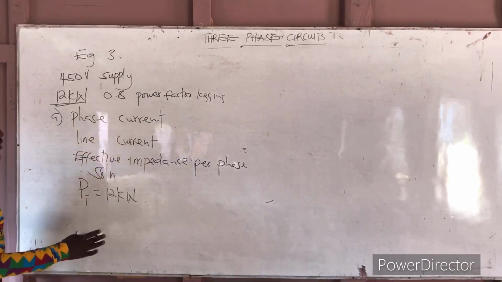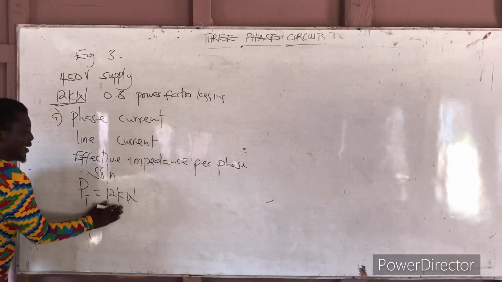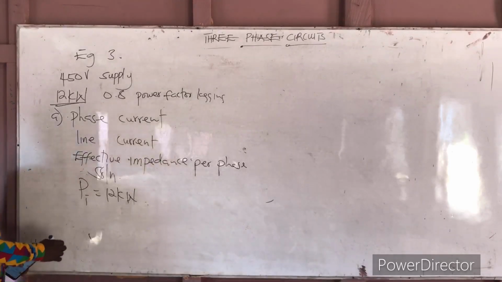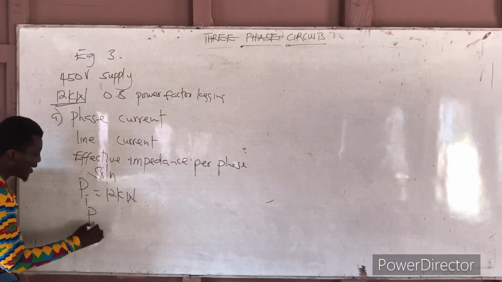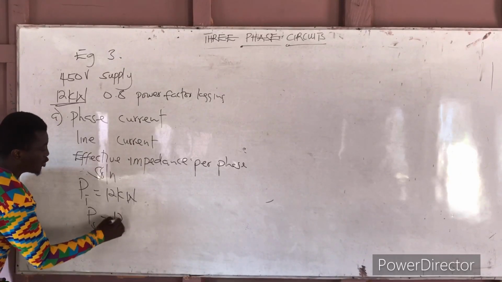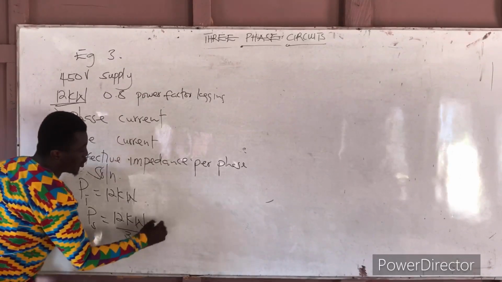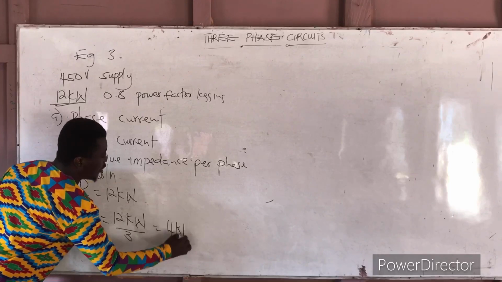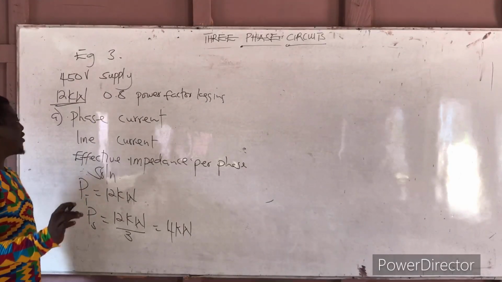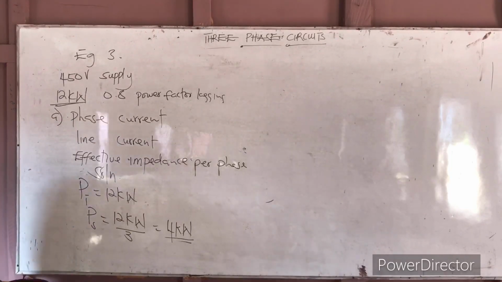So if I have 3 phases and the total power in all the 3 phases is 12, and they are telling me that it is balanced, it means the power in each single phase is going to be 12 kilowatts divided by 3, which gives me 4 kilowatts. So per every phase we have this power moving in that phase.